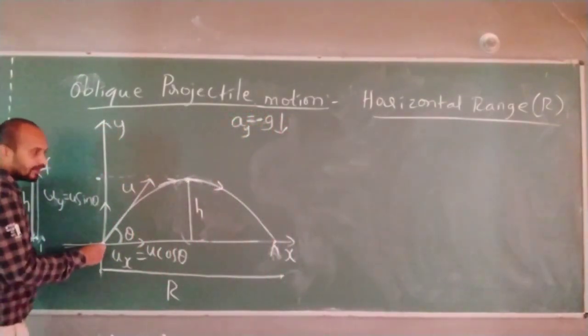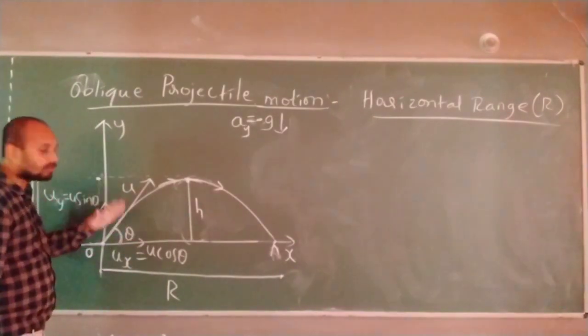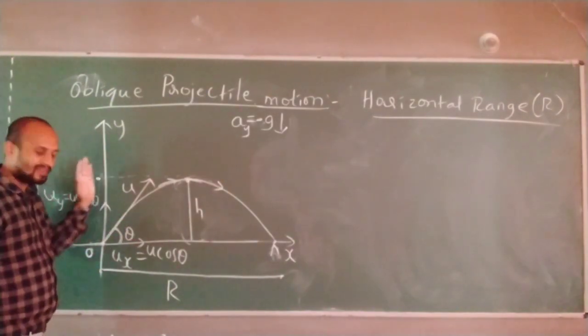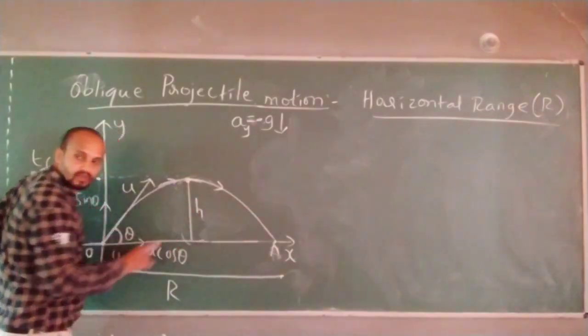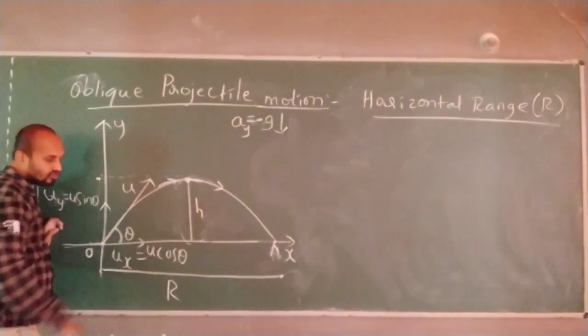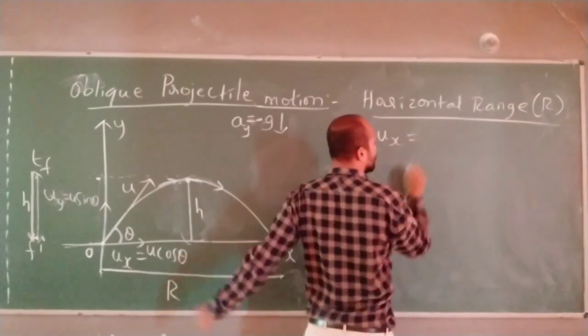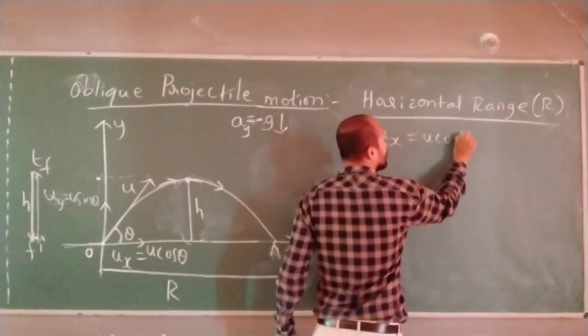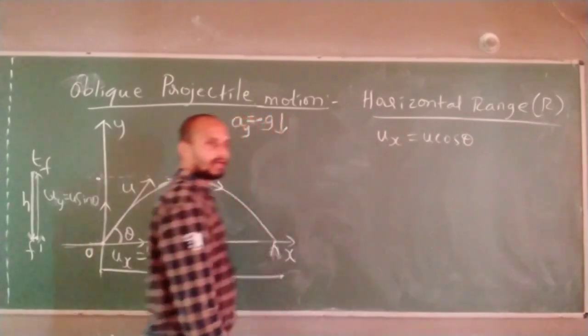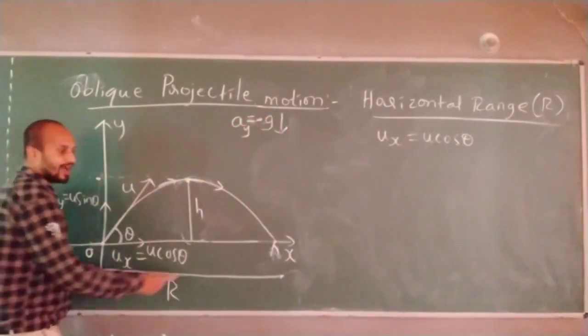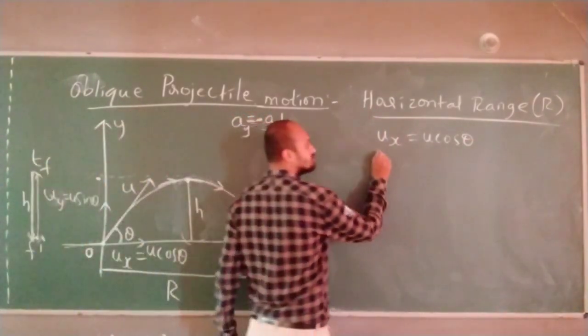Now observe here. Forget about the y-axis. Only think about the x-axis. What is the initial velocity of the object along x? It is u cos theta. What is the final velocity Vx of the object?